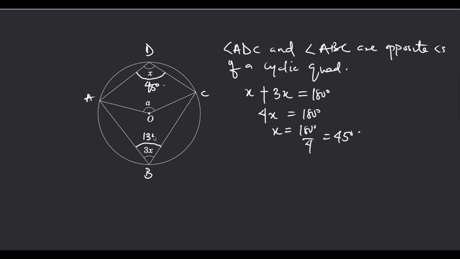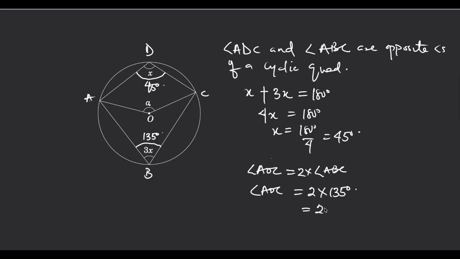We have 135. Now to find a, remember that there is a relationship between the angle at a, which is angle AOC, and angle ABC. And the relationship is that angle AOC is twice the angle ABC. So which means that angle AOC is equal to 2 times 135 degrees.